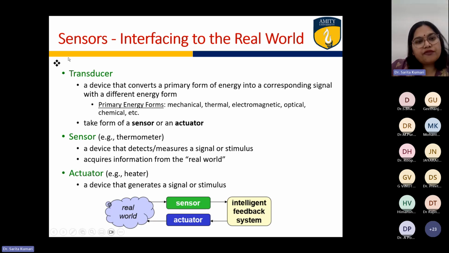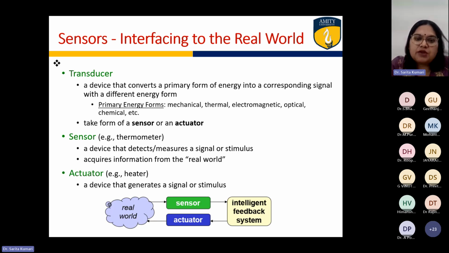Now the role of transducer is that it converts the output of sensor into a different form. If I am measuring the temperature using a thermometer, the basic mercury thermometer will give you the expansion of mercury in the scale, which we have to read.